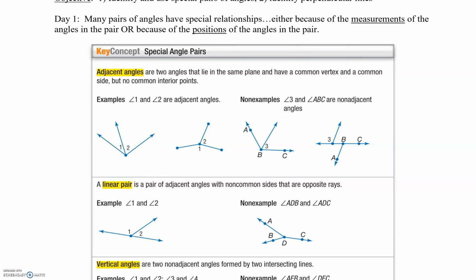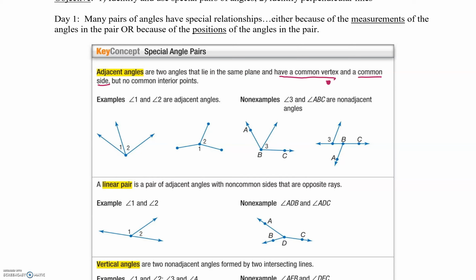So for the first one, adjacent means next to. They have a common vertex point where they meet, and then they have a common side, but no common interior point. So it's basically two angles that are just touching next to each other, sharing that middle ray. And so here are some examples, and then here are some non-examples.